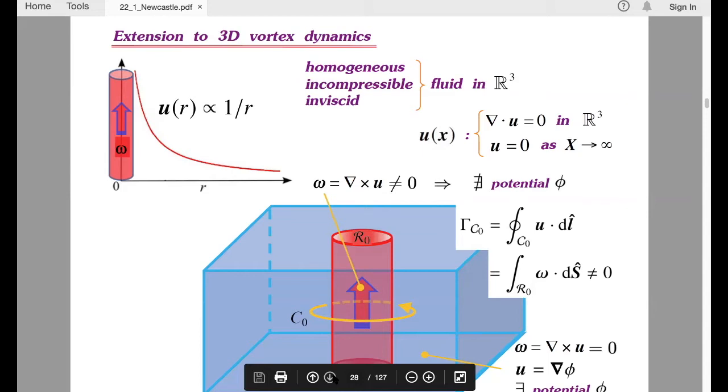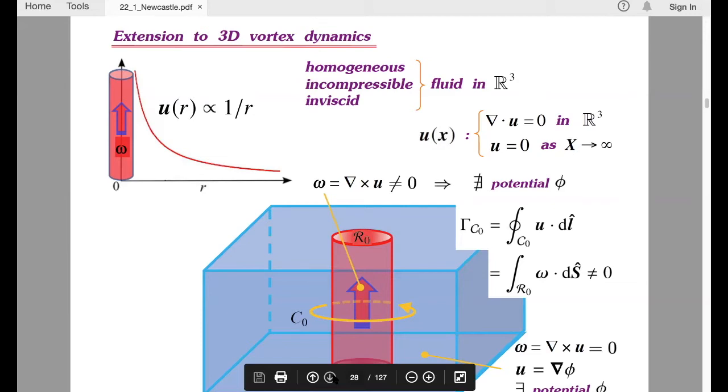R0 is just the cross section. Now, as you see, I put down a diagram of the velocity, how the velocity goes with respect to the radius, radial distance from the center. And you see it goes from a certain value down to 0 as we go to infinity.